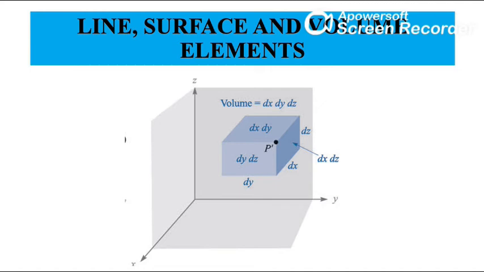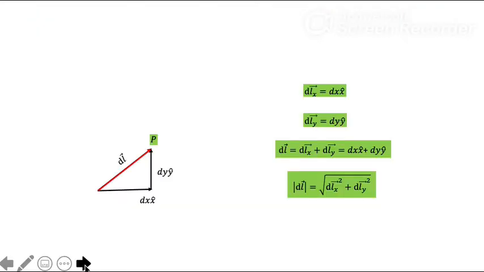Here is where I want to talk about line, surface and volume elements and kind of finish the Cartesian coordinate system. For now we will be requiring only the Cartesian coordinate system. So suppose I have a two-dimensional plane with x-axis and y-axis.